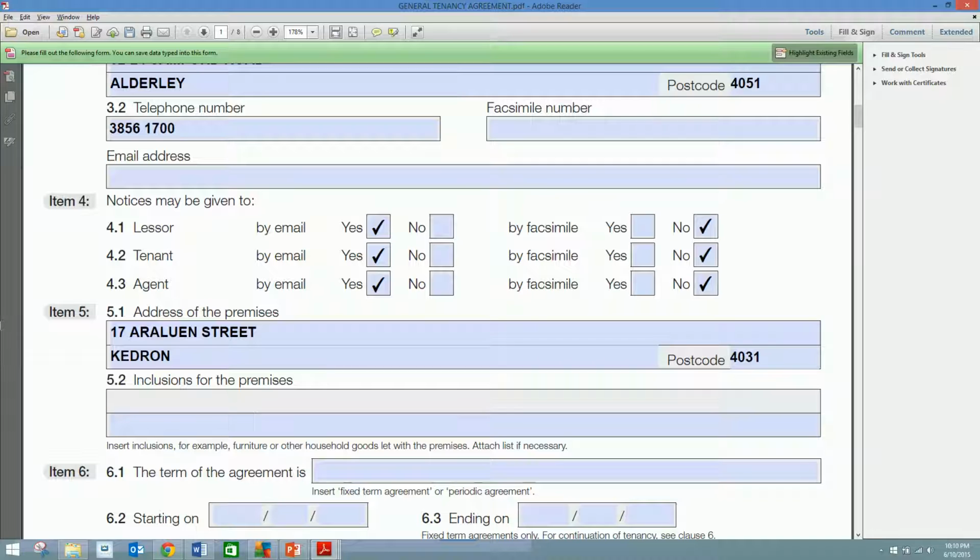So if, for example, you were renting a house that came with some furniture or some kitchen appliances, that might be listed here. But because properties often come with a number of inclusions like air conditioners and so on, we usually say something like, as per entry condition report and inventory list. So that's referring us to a different form that has a lot of detail about what is included.